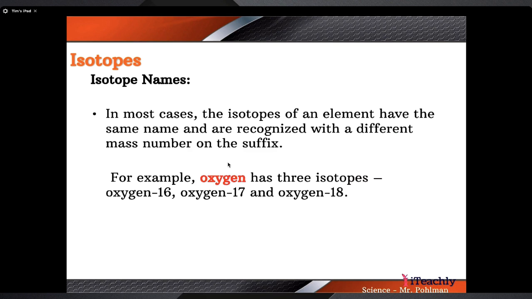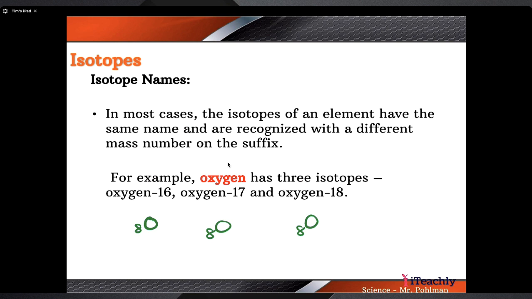In most cases, the isotopes of elements have the same name and are recognized with different mass numbers as a suffix. Those different mass numbers come from adding up the number of protons and neutrons for each of the individual isotopes. So let's look at oxygen. We'd have our symbol, oxygen, atomic number 8.